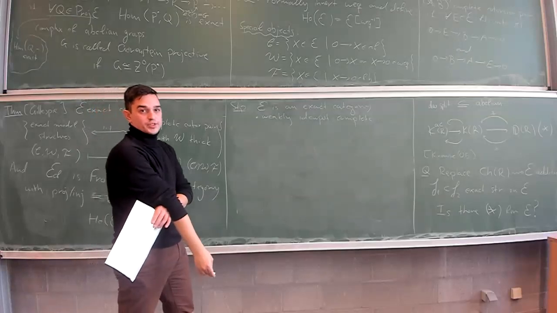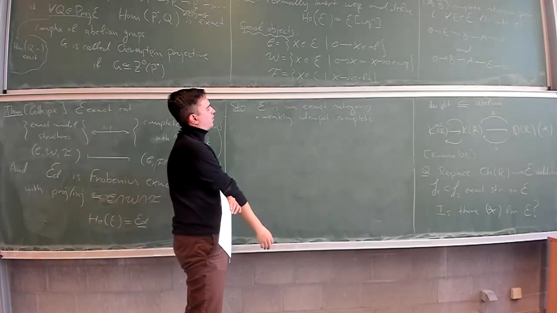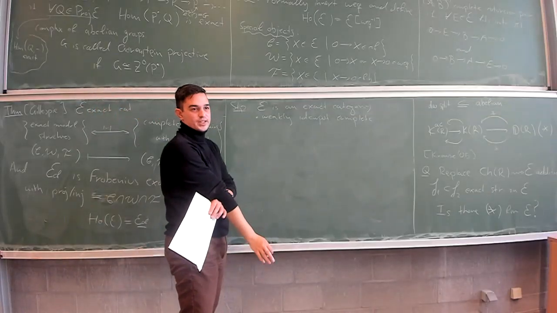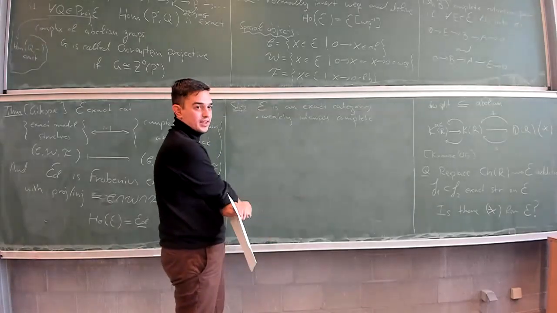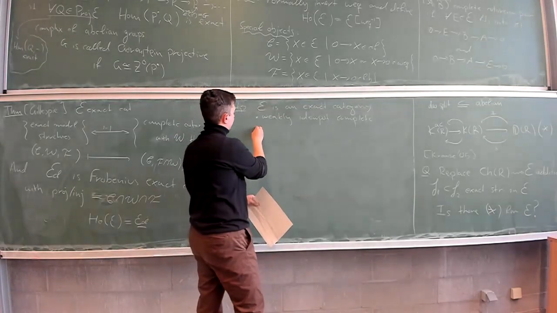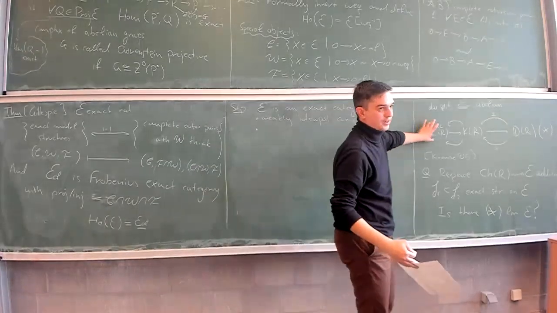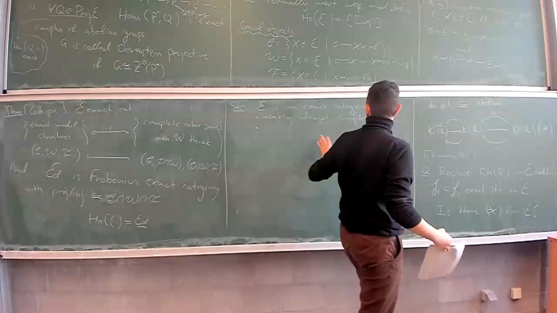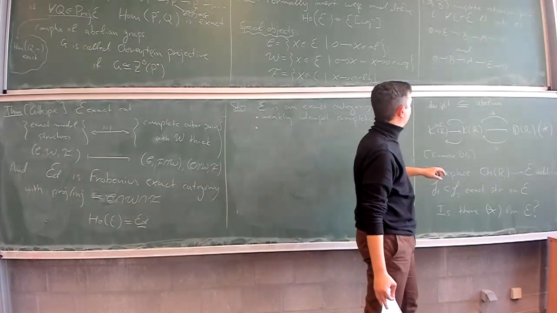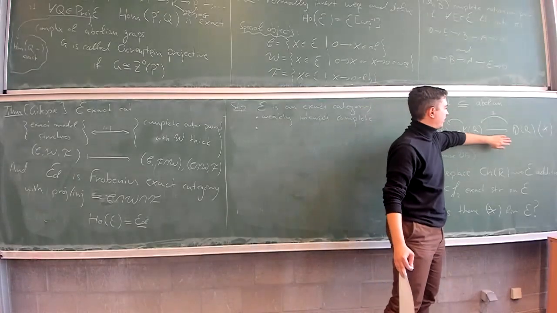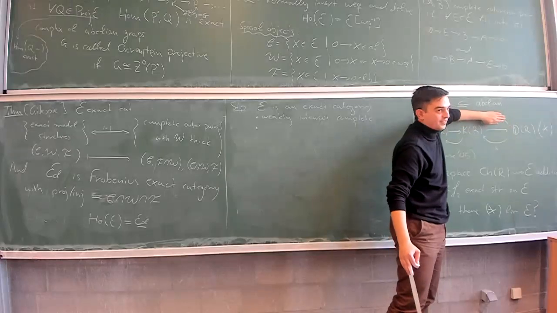And it also has enough projectives. Okay, you can bypass having enough projectives by working with the injectives, but since I want to give you a symmetric picture of this recollement situation, I will assume also enough projectives. Otherwise you will get half the picture.